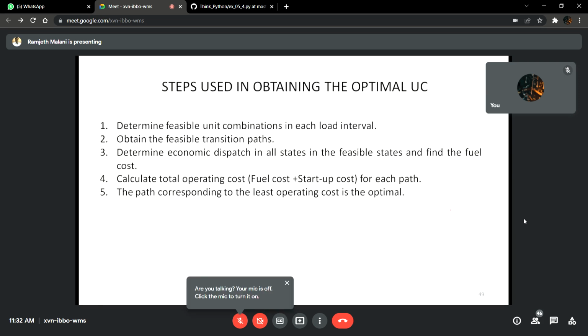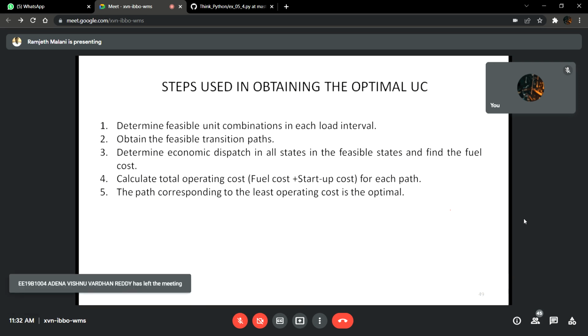This is a technique which is based on dynamic programming. We enumerated all the feasible paths, and from the feasible paths we can find out the optimal path, the optimal unit commitment schedule.